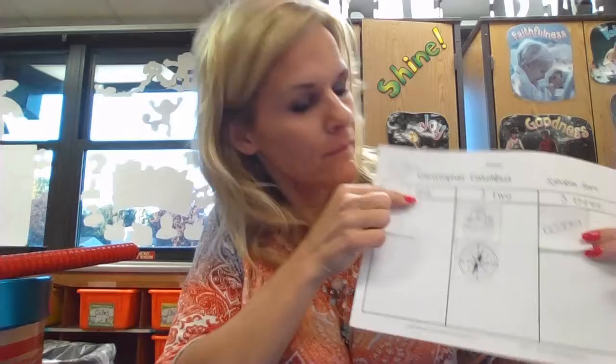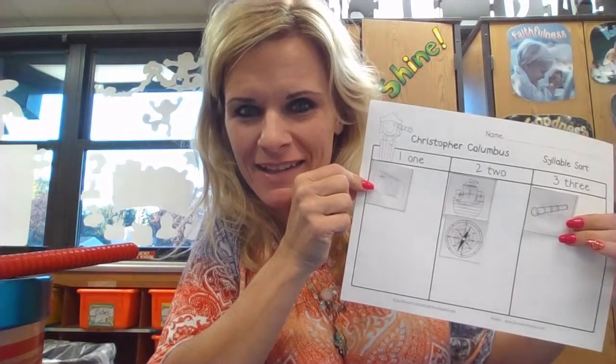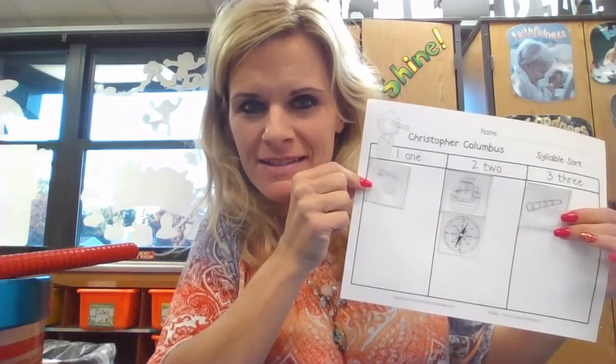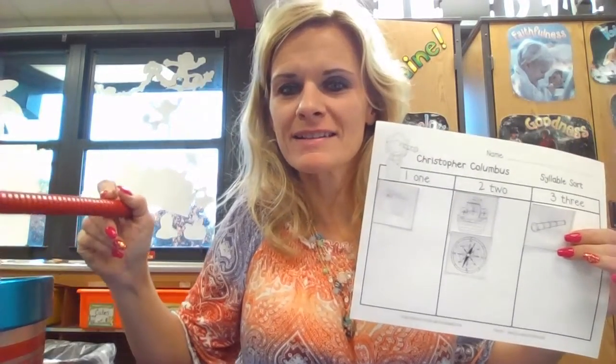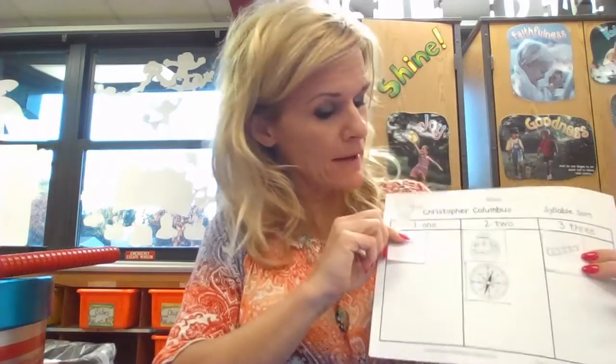Oh, I wonder if I made a mistake on this one. You know how I called this one a map? Right there. I wonder if they wanted that to be an island. Island. Let's try it. Island. That would mean I should put it in 2. If you still want to call it a map, you can. But I'm going to move it over. I'm going to call it an island.